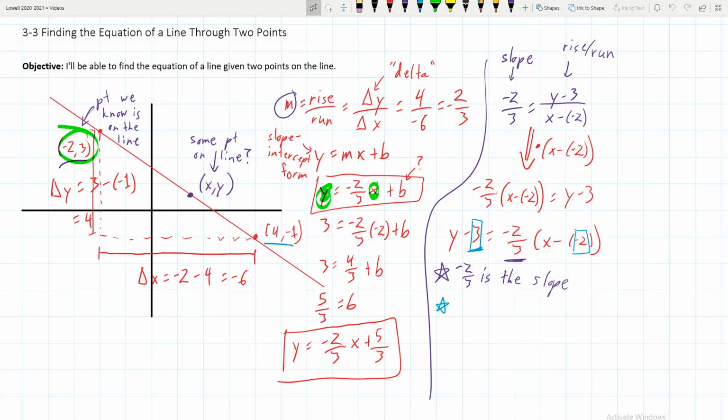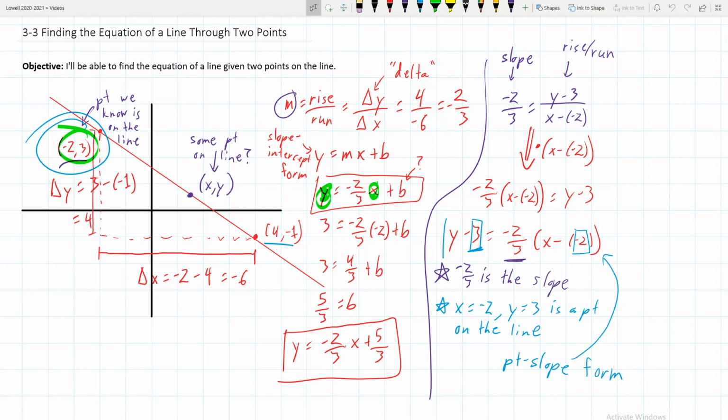I probably shouldn't have used blue here, but sorry, this right here. So x equals negative 2, y equals 3 is a point on the line. And so notice here, we actually don't need the y-intercept at all, even though we're used to usually having it. This thing right here, that is this fancy thing called the point slope form of the line.